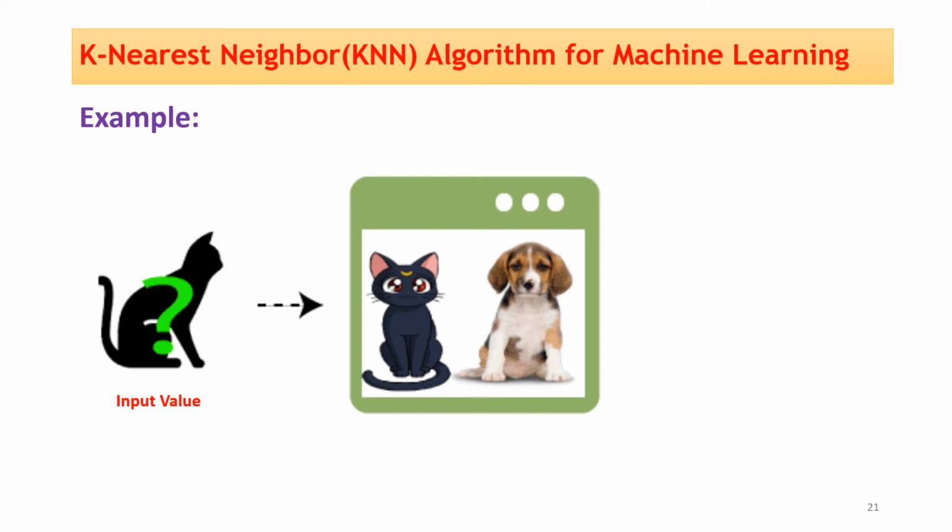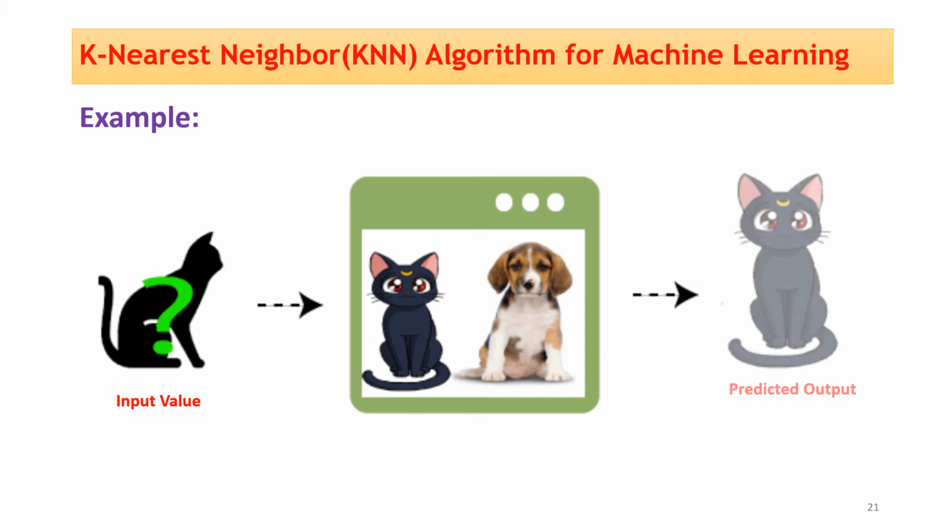Our KNN model will find the similar features between the new data set and the cat and dog images, and based on the most similar features it will put it in either the cat or dog category. So the input value is similar to our cat, and by using the KNN algorithm, the predicted output is the cat.